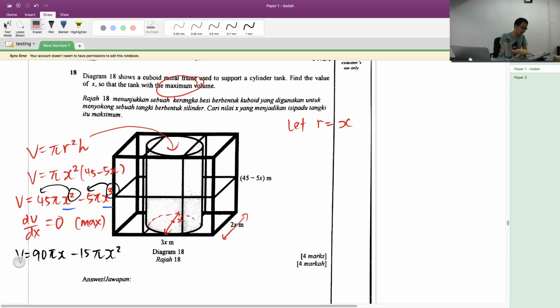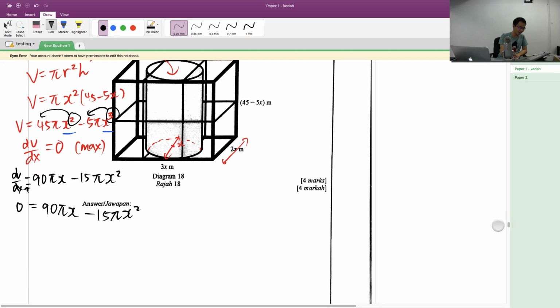Oh, this is not V, sorry, this is dV/dx. Since dV/dx equals 0, I say 0 equals 90 pi x minus 15 pi x squared.